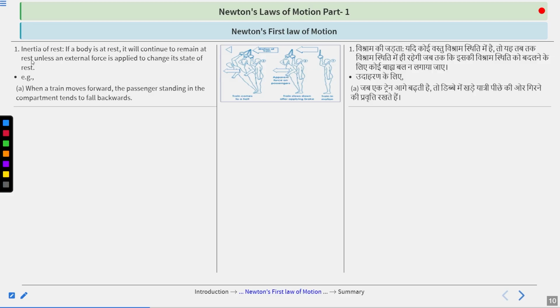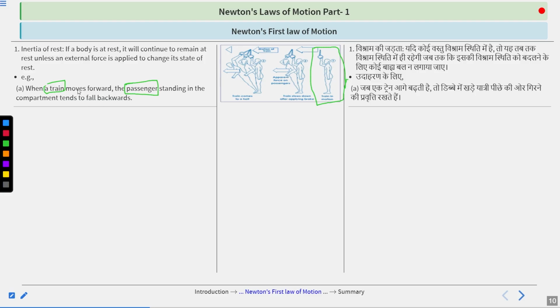When a train moves forwards, the passenger standing in the compartment tends to fall backwards. Why? Because the train and the passenger are different bodies. The train has its own body and the person has their own body.